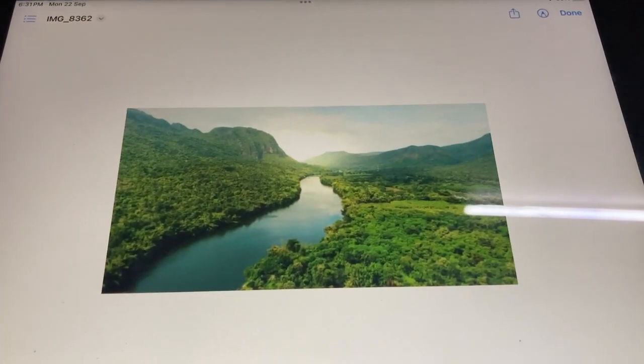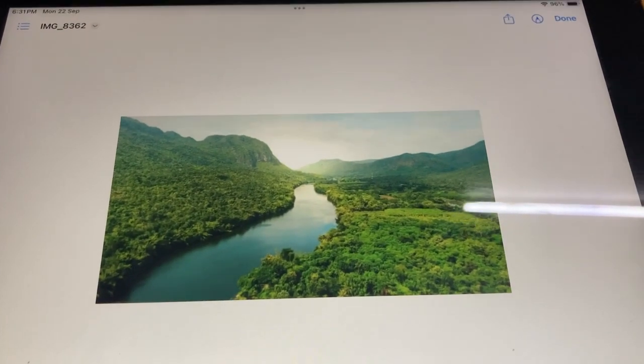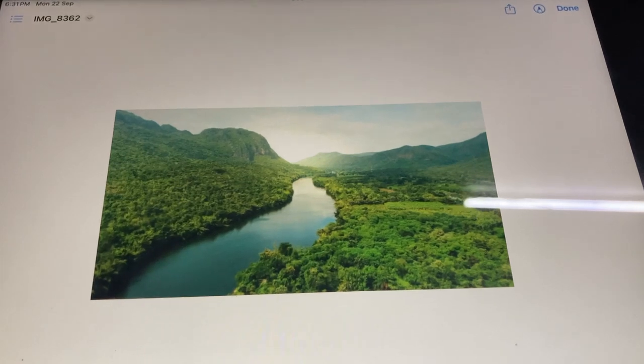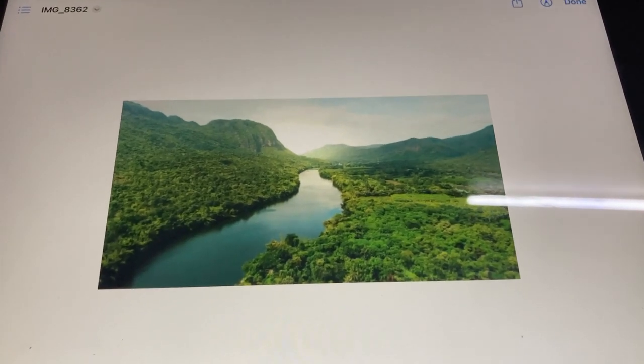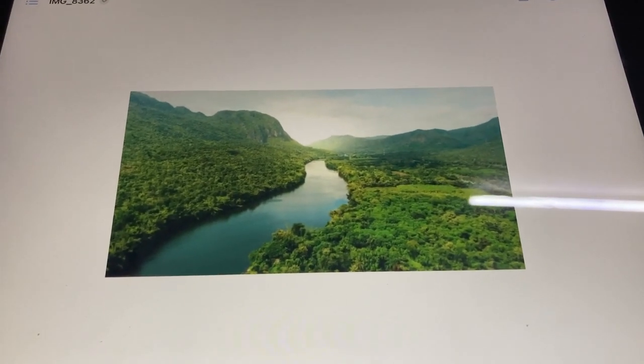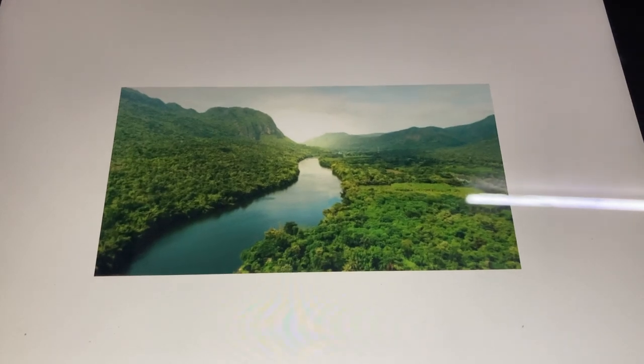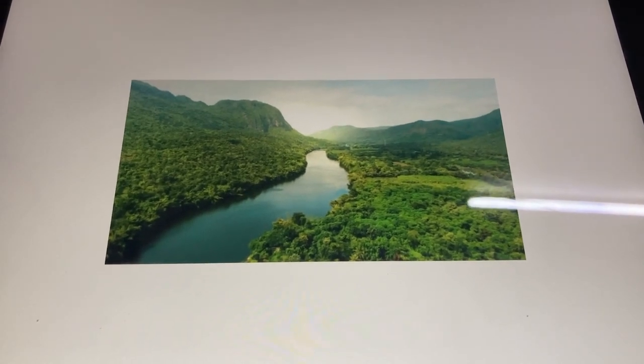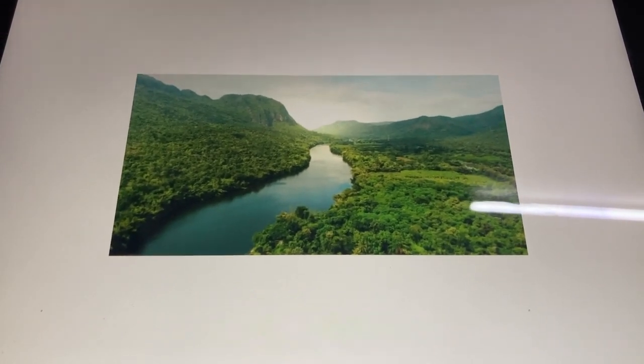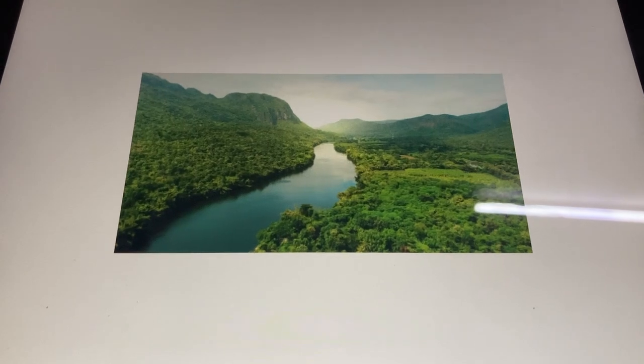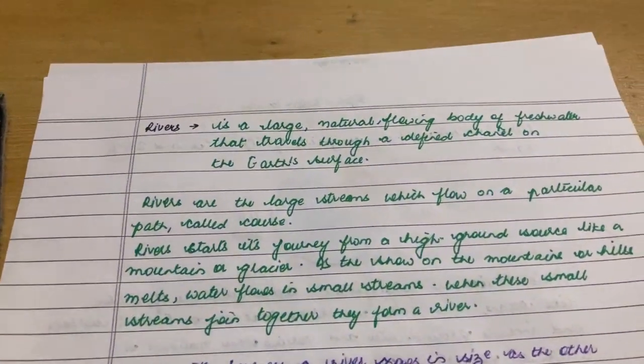The river basically originates from a mountain, a hill, or a glacier. As the snow on the mountains or hills melts, water starts flowing in small streams. When these streams join together, what do they form? They form a river. So let's understand again.